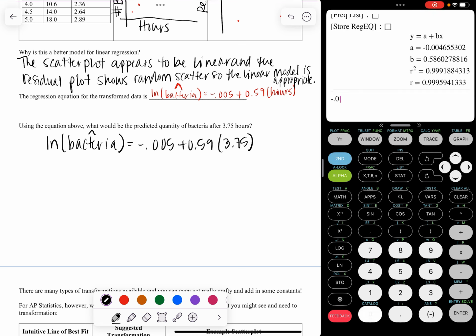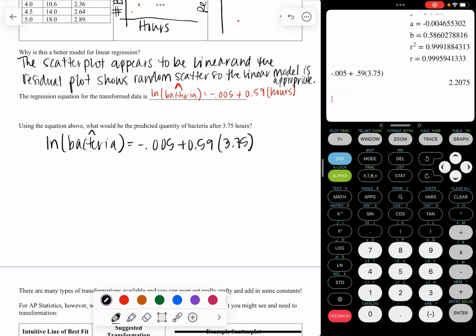So negative 0.005 plus 0.59 times 3.75. So I'm going to have this is equal to 2.2075. And the best way to get rid of a ln is to use a base e, because e and ln are going to cancel each other out.